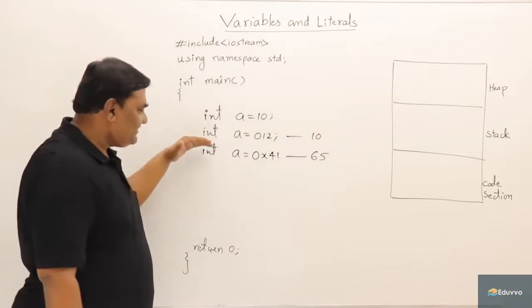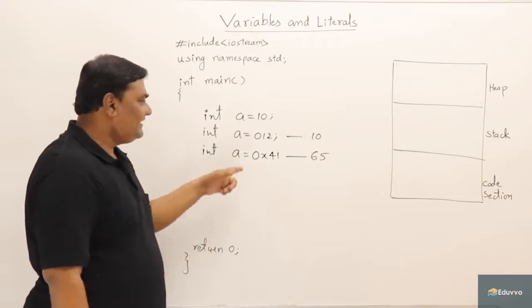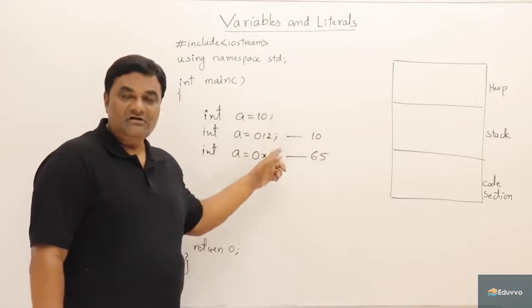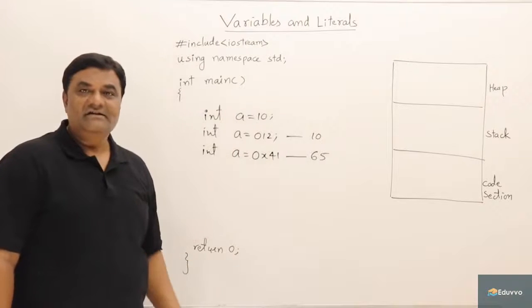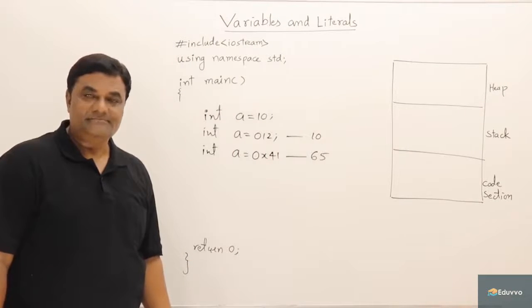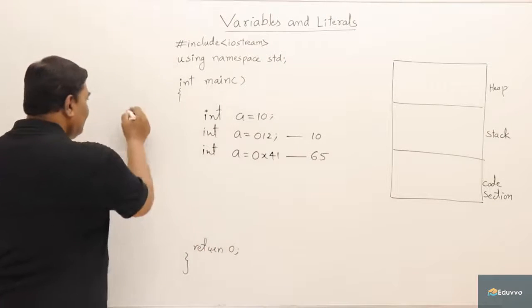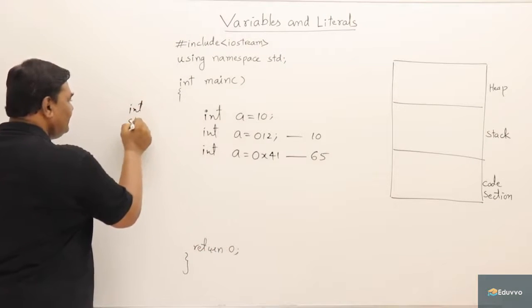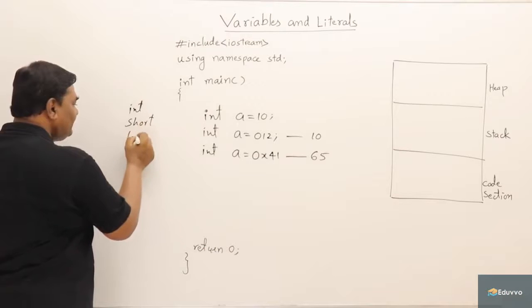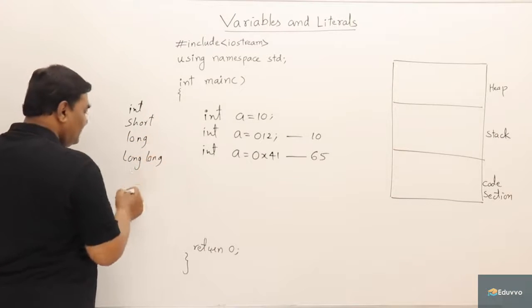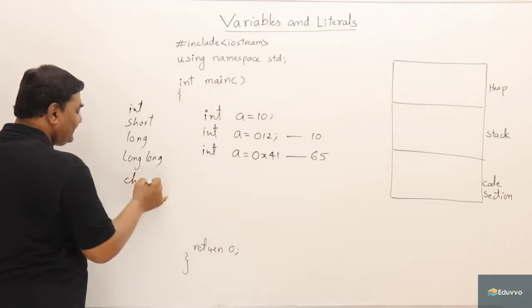So for integer type variables, we can assign a literal in the decimal number system or the octal number system as well as the hexadecimal number system. These types of literals can be used for the integer data type, short data type, or long data type, or even for the character data type.